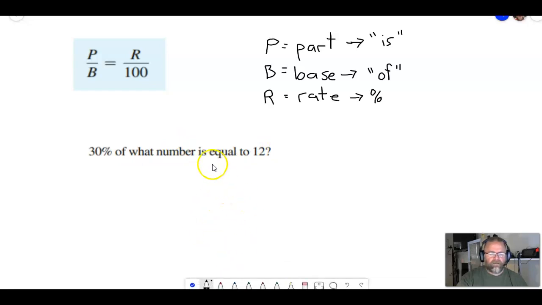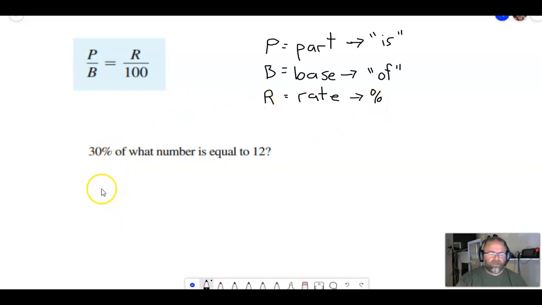All right, so the first thing I want to do is identify my variables, and there's always going to be one variable in these problems that we don't have, so that's what we're going to be solving for. In this case, we see the percent here, so that makes it easy.